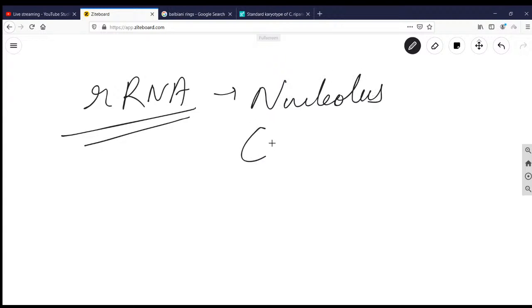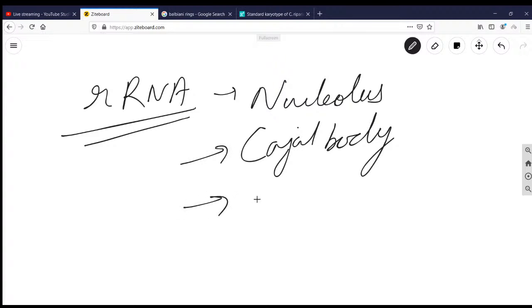You can have many other nuclear bodies, like the Cajal body, then the nucleolus, and promyelocytic bodies could also be present, but the nucleolus is one of the most predominant regions.